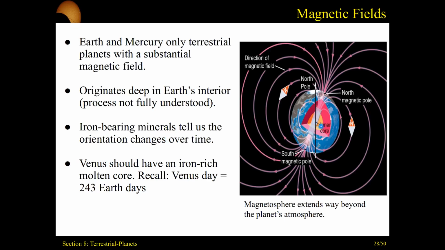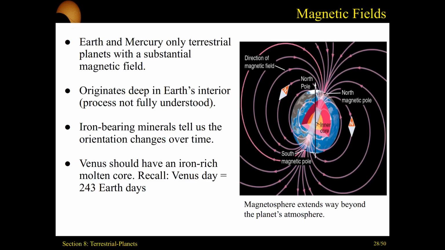We know it's something to do with that iron-nickel core rotating rapidly. The rotation of these materials is what's creating these fields. We also know over time, by studying the iron minerals throughout the planet, that the orientation of the north and south magnetic poles flips over time.